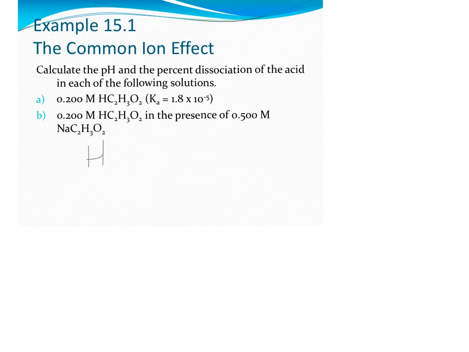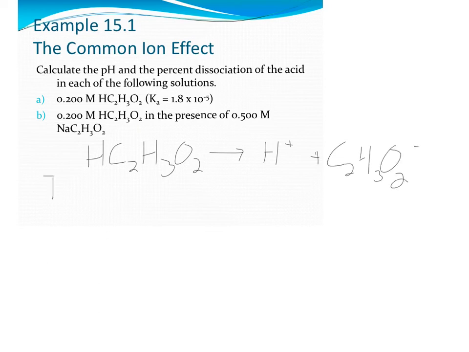So if we just set up our ice chart, and we have our weak acid dissociating, like so, and we know that this is 0.2 molar, 0 and 0. So this should be pretty familiar from chapter 14.